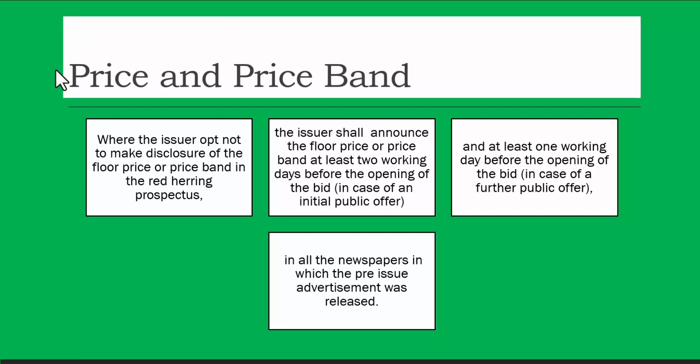And they have to give it through the newspapers, because the prospectus has already been filed without the price band, the upper cap or the lower cap. So they can remain like that and do it 2 days before the IPO opens, or if it's an FPO, at least 1 day before the FPO opens. But all this information should be given to the prospective shareholders by making an advertisement in the newspapers. Okay, and that's called the pre-issue advertisement.